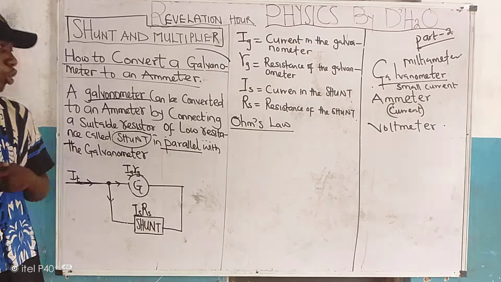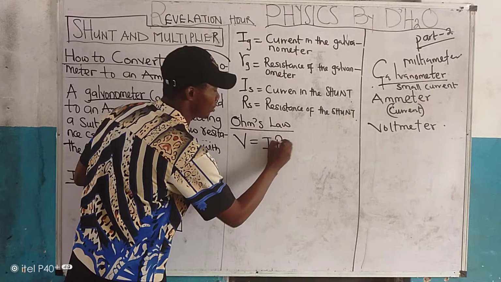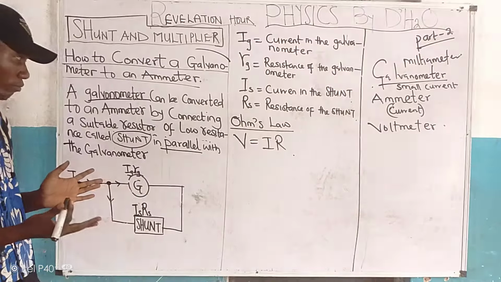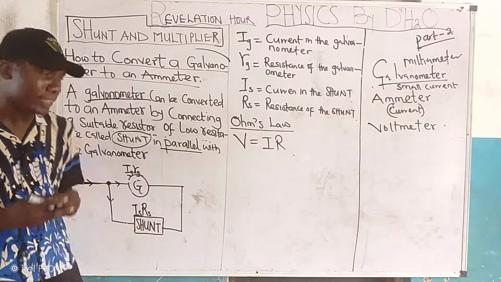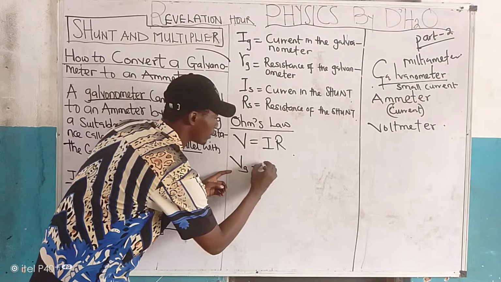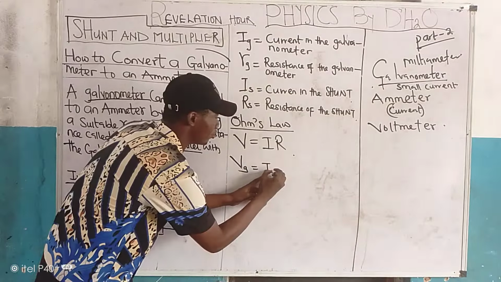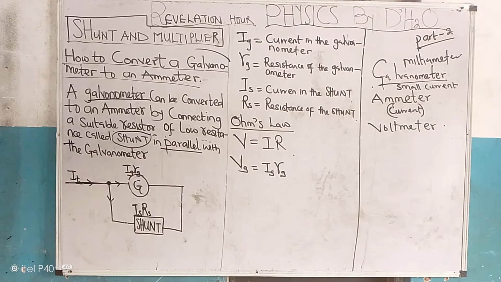So from Ohm's law, we found out that voltage is equal to current times resistance, as you can see. So your voltage in the galvanometer will be current in the galvanometer times resistance of the galvanometer. Take note of that.